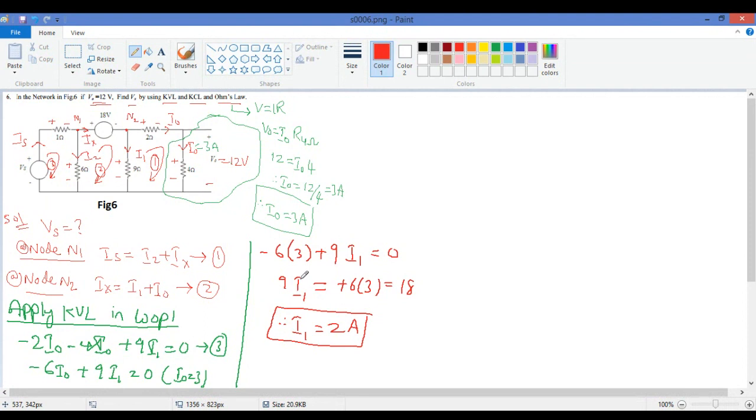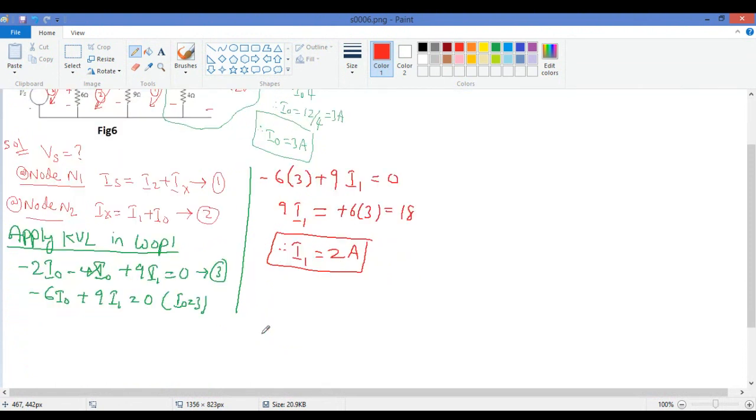So what is the value of I1 now? We have got I1 as 2 amperes. Now from this, let us find out the other values. Another thing is, you see, we know I naught and we know I1. When you know I naught and I1, if you put their values in equation 2, you get the value of Ix.